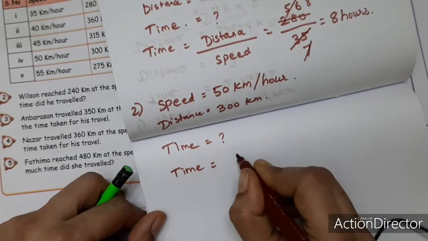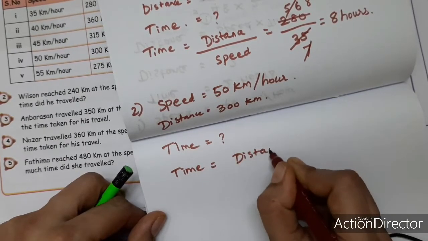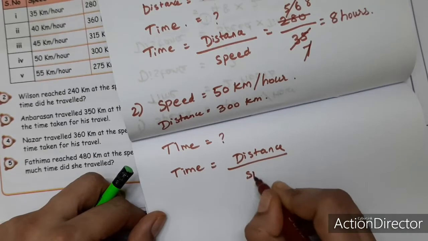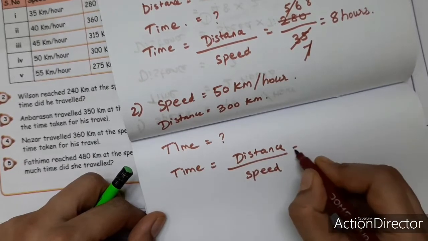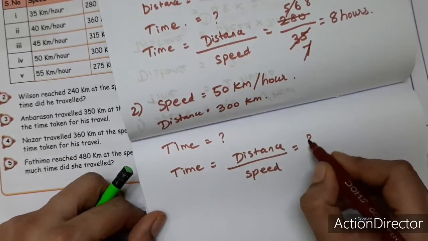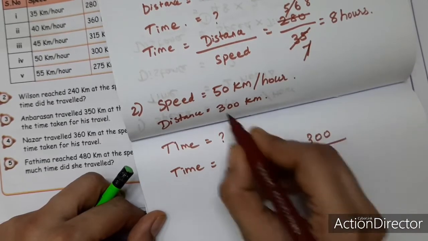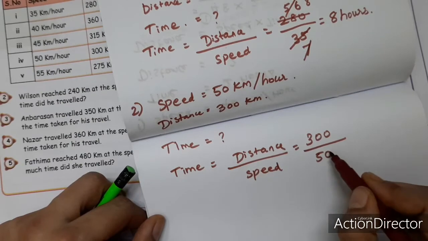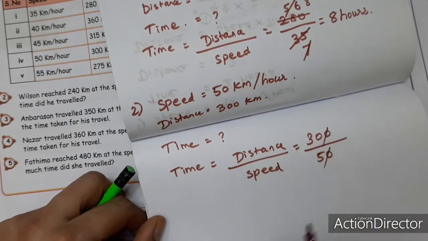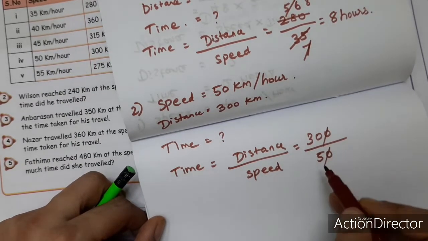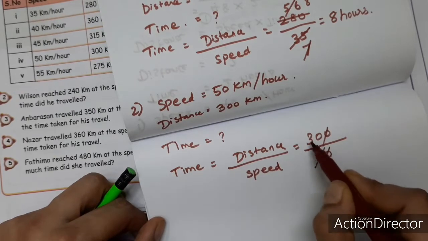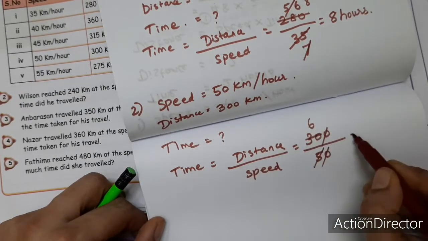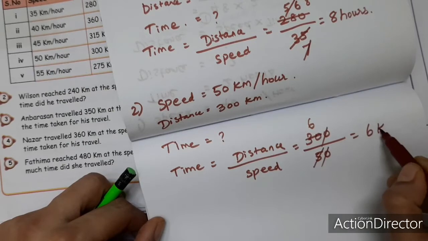Time equal to distance by speed. What is the distance here? 300. What is the speed? 50. Okay, so we are going to divide. For this, this 10 is gone. So 5 tables 30, how many times? 6 times. So the answer is 6 hours.